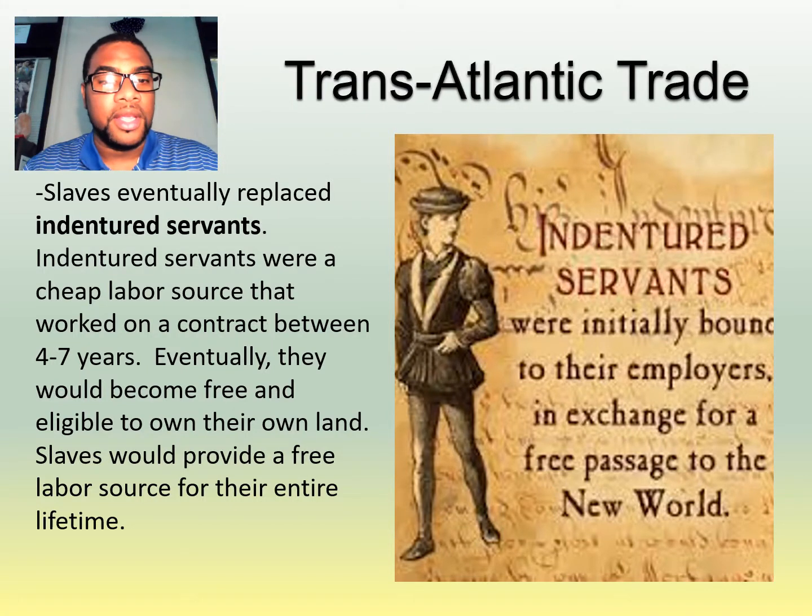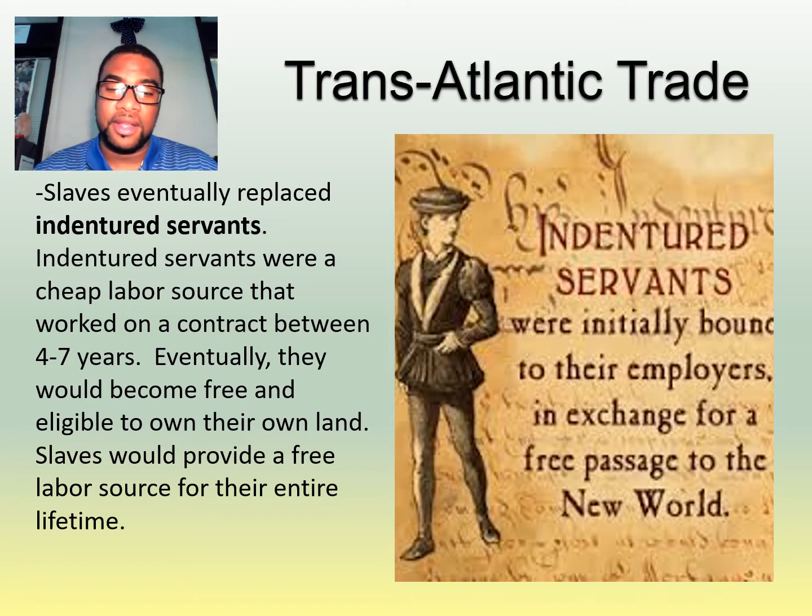Transatlantic trade. Slaves eventually replaced indentured servants. Indentured servants were a cheap source of labor. They worked on contract between 4 and 7 years. Eventually, they would become free and eligible to own their own land. Slaves would provide a free source of labor for their entire lifetime. So this indentured servant idea is basically that they were given a plot of land, and they used that land, and they were considered more like interns than they were actually slaves.